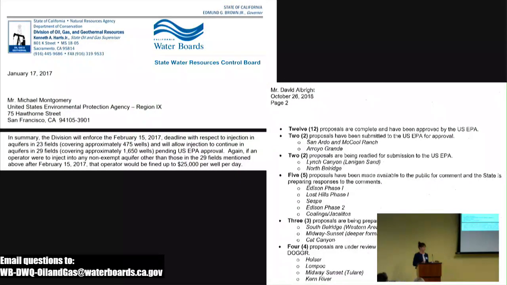The rationale was that they thought those aquifer exemptions were in process, and that there was enough information that they would approve them. But in some cases, we've seen that hasn't been the case, where the Water Board has actually differed with DOGGR and the oil companies on which portions of exempt aquifer they think should be exempt. So again, this highlights some of the ongoing issues with the aquifer exemption program and why we think excluding them completely is too broad.